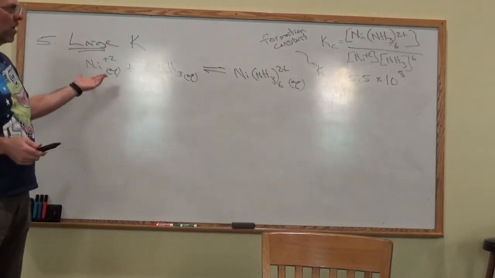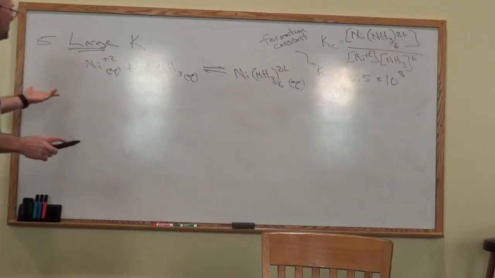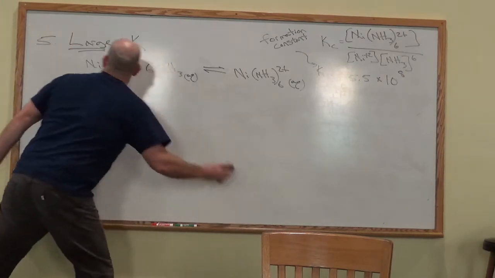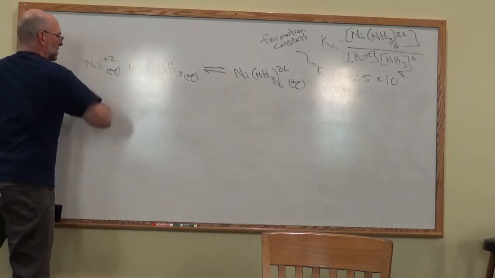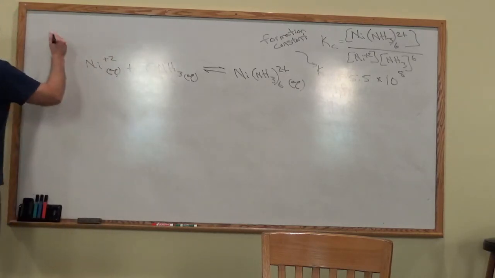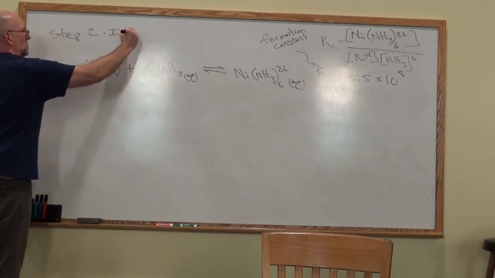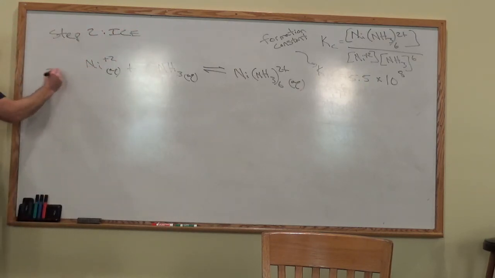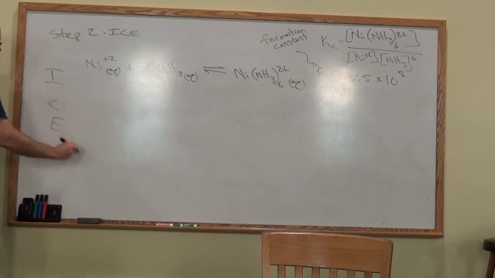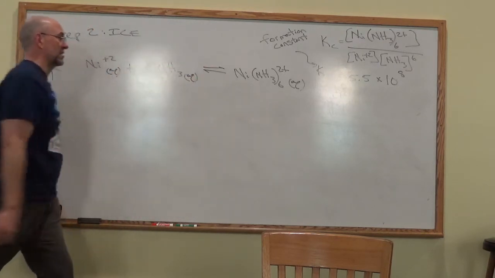I put step 1, push it. This is step 2. Our ice analysis. So we've recognized that it's a large equilibrium constant. Some of the homework problems are like this. We push it completely to the right.